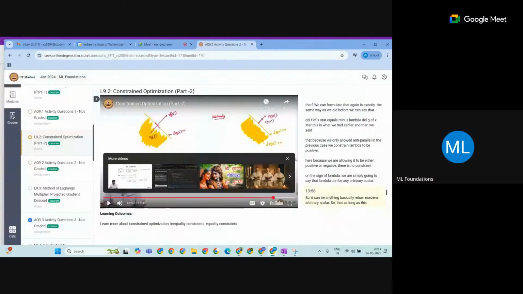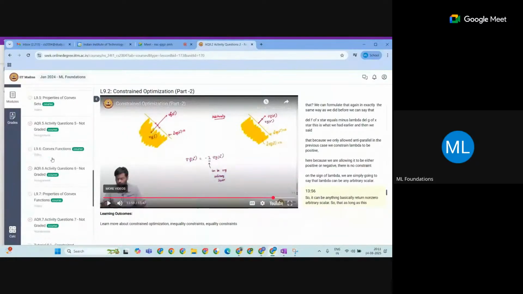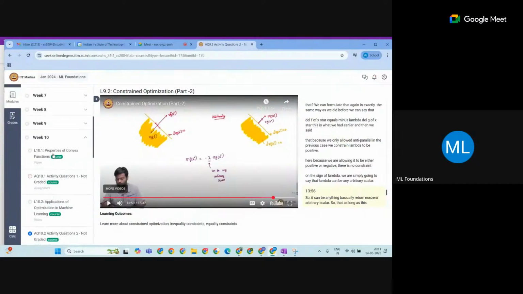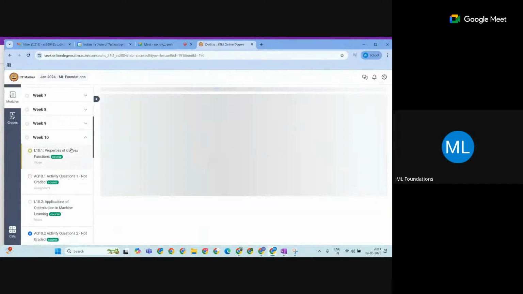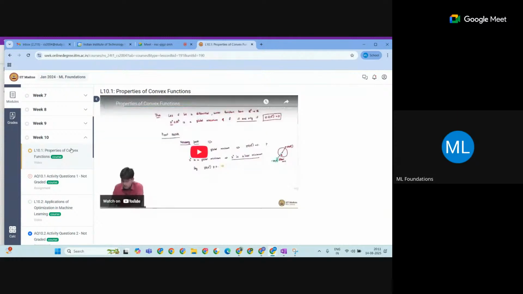Okay, so in week 10, there are some properties of the convex function. Last time we saw what a convex function is: a function whose epigraph is a convex set.